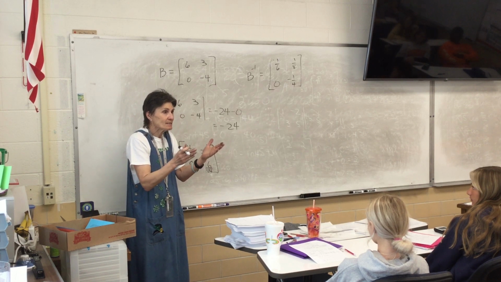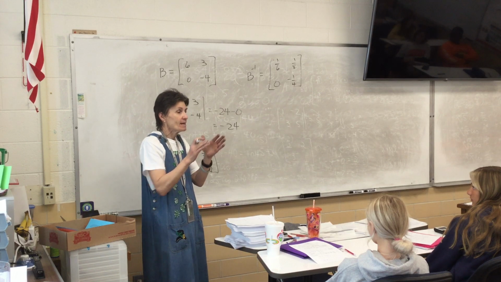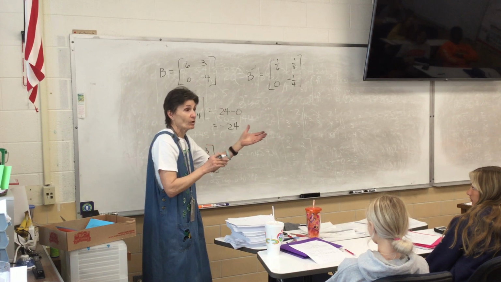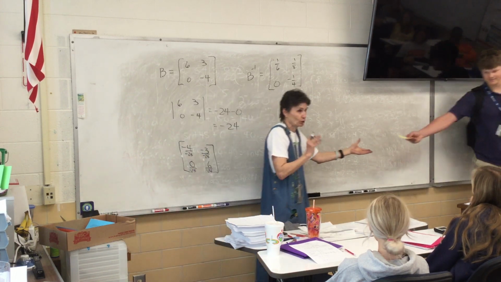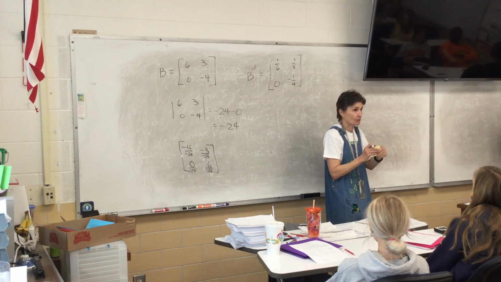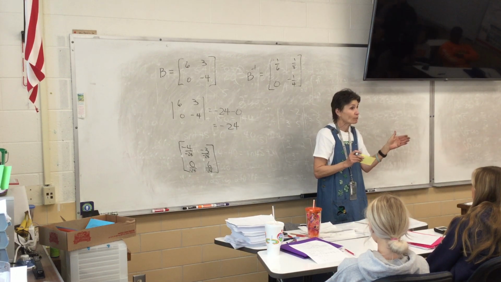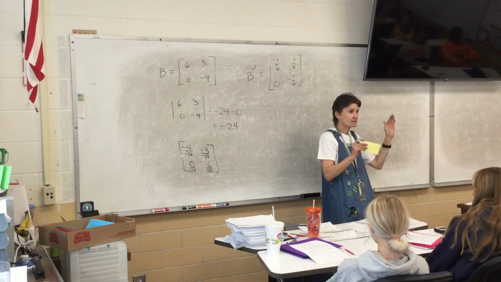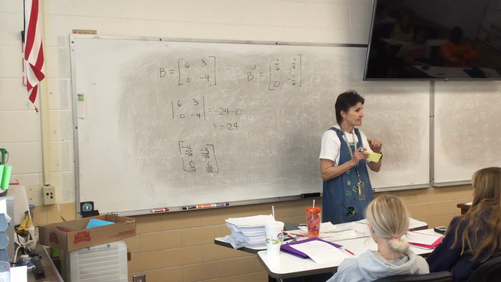That actually happens. It's not a good thing for us, but it happens, and when that happens it's a singular matrix. When a matrix is singular, that means its determinant is 0. And all kinds of wild and wacky things happen. We'll see some of them coming up.